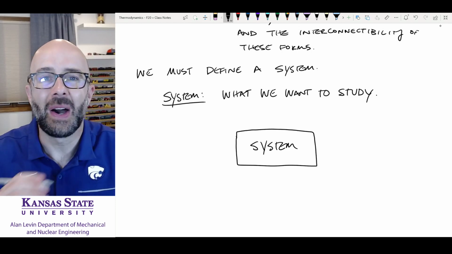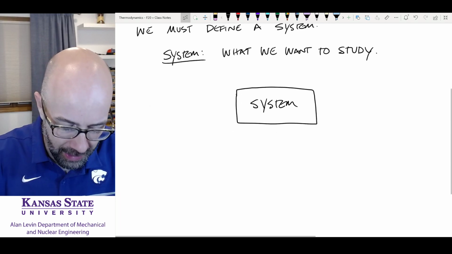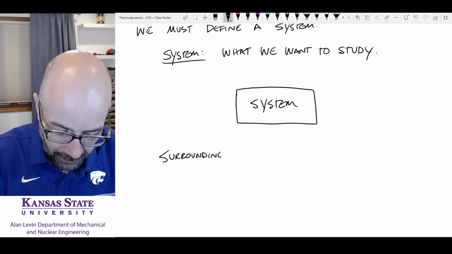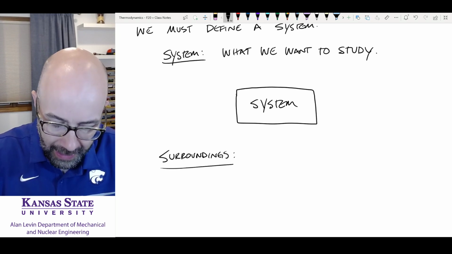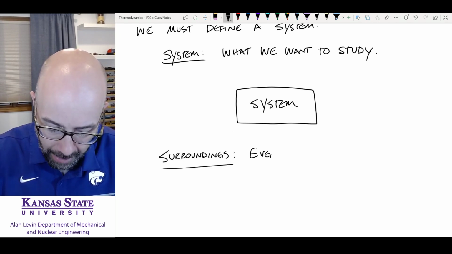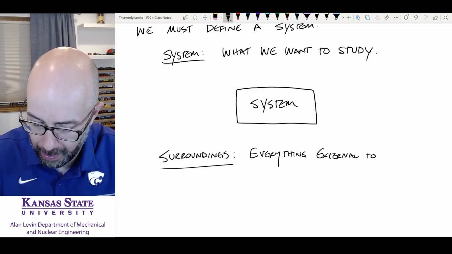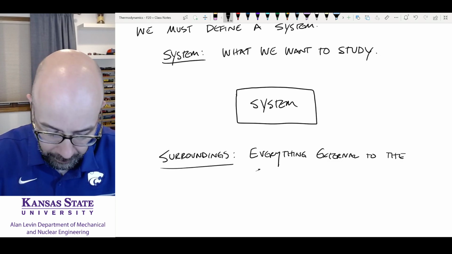Now, everything outside of the system is going to be called the surroundings. This is everything external to the system. Makes sense.